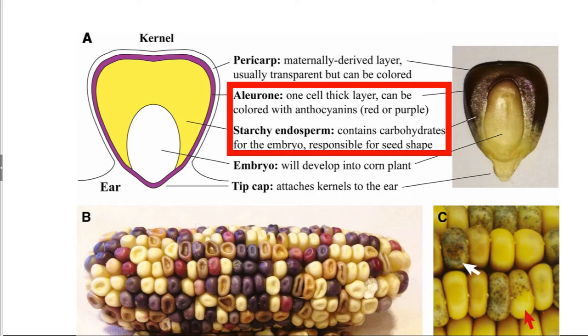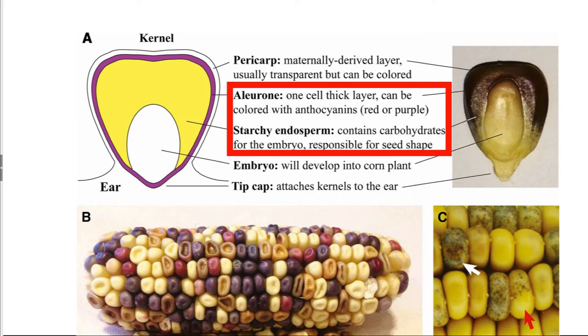Now, we'll look at the genetics of this, but below that we have the endosperm, which contains carbohydrates that are used by the developing embryo in order to get nutrients and, well, essentially energy from the kernel of corn into the growing embryo before the embryo can photosynthesize.